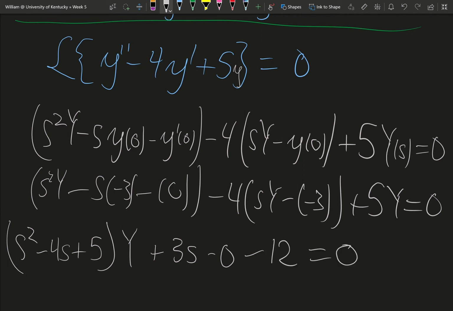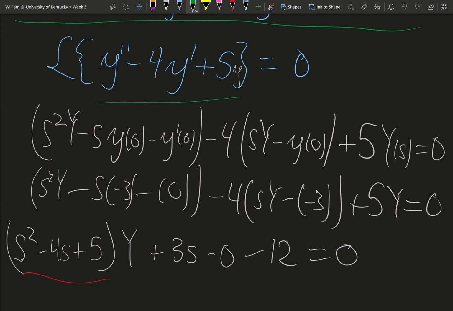I want to note one little thing you can do to check. This coefficient of the capital Y should always be essentially the characteristic polynomial of your starting complementary equation.